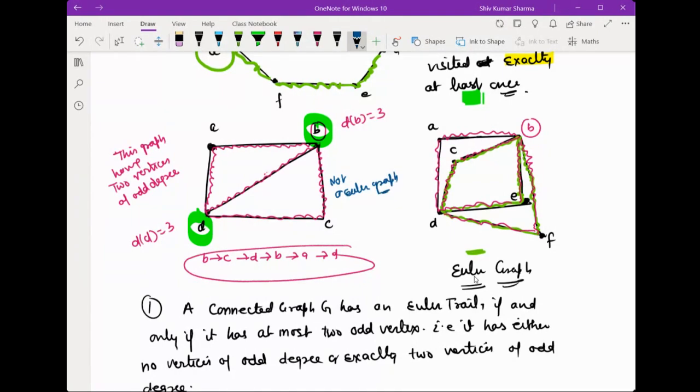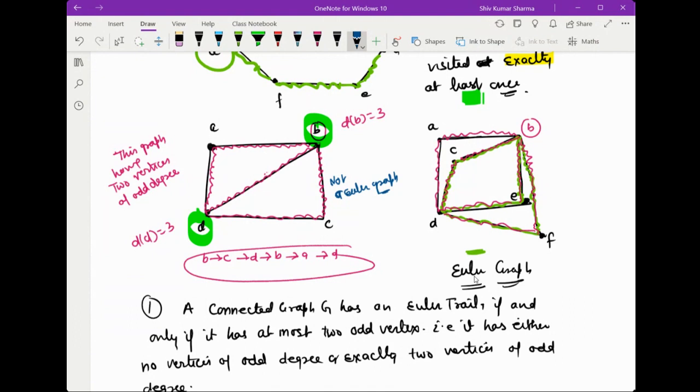But in the second graph, you see that all the vertices are of even degree. The degree of A is 2, degree of B is 4, degree of E is 2, degree of F is 4, and degree of D is 4.